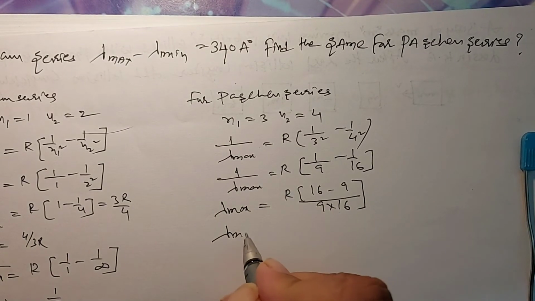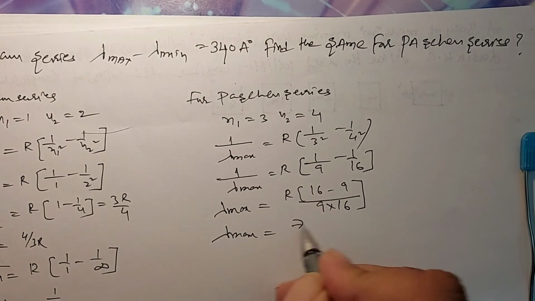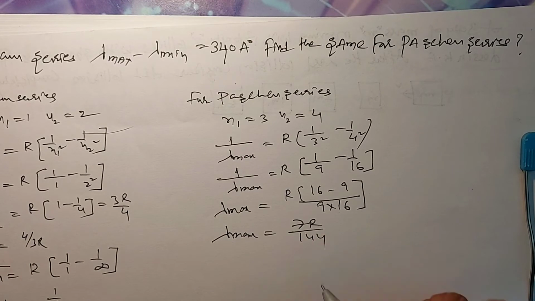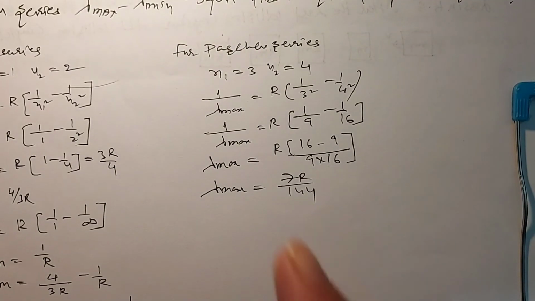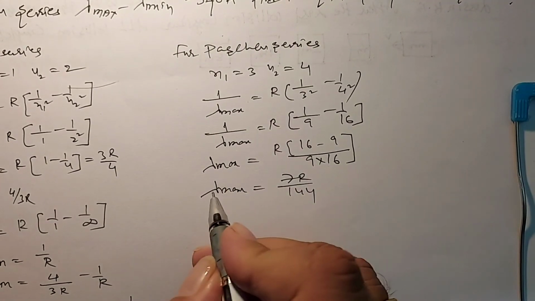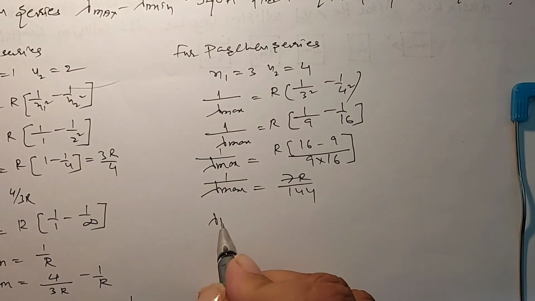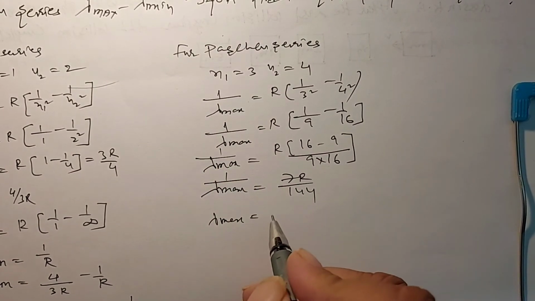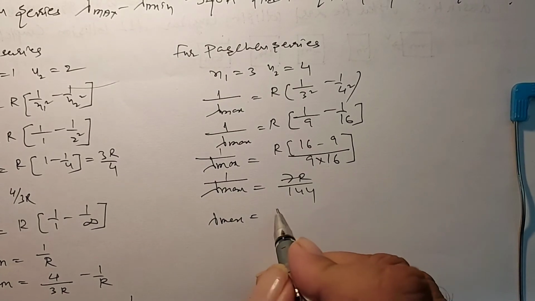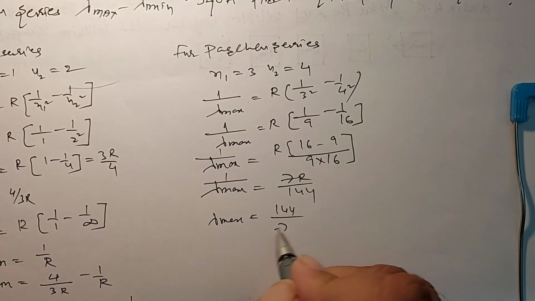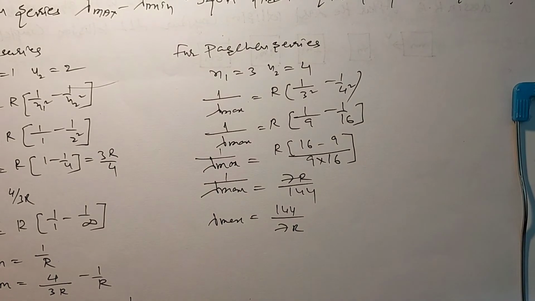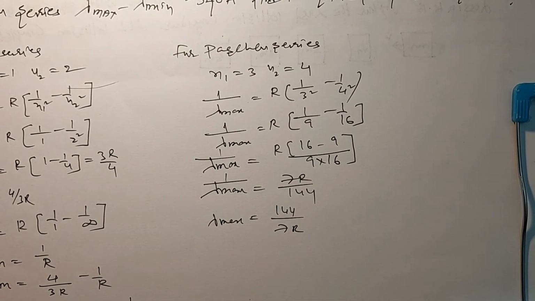So 1 by lambda maximum is equal to 7R by 144. So lambda maximum is equal to 144 by 7R.